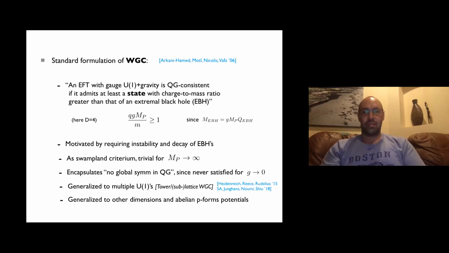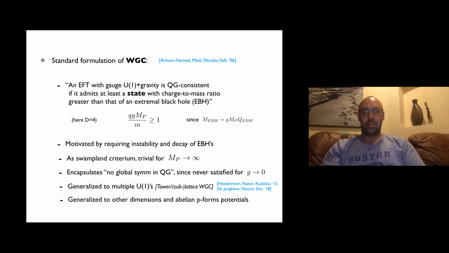So the weak gravity conjecture and its axionic version. The standard formulation of the weak gravity conjecture, given by the formal paper by Arkani-Hamed, Motl, Nicolis, and Vafa in 2006, states that any effective theory with a gauge group U(1) coupled to gravity is quantum gravity consistent only if its spectrum admits at least a state whose charge to mass ratio is greater or equal than the charge to mass ratio of an extremal black hole.